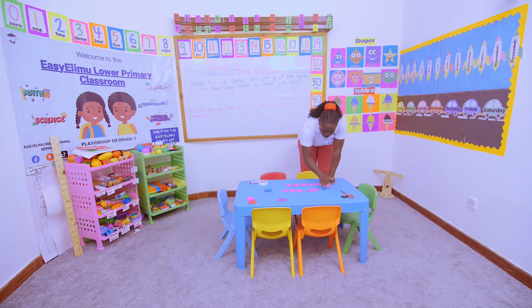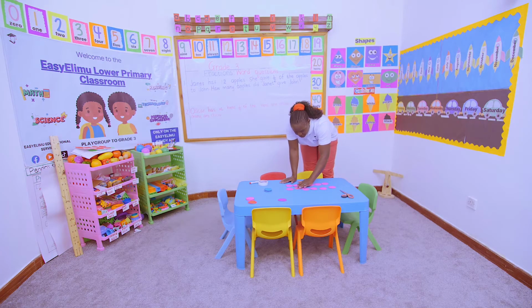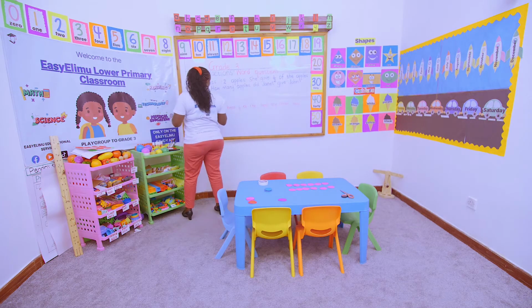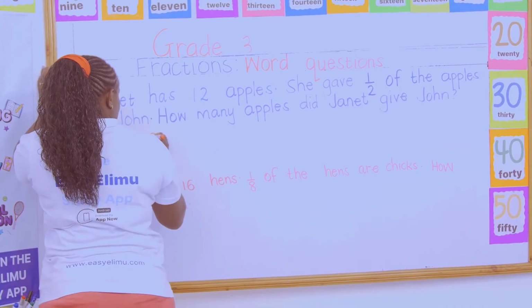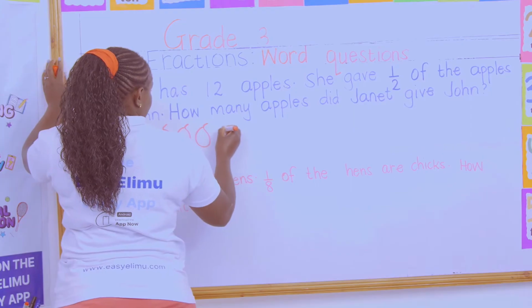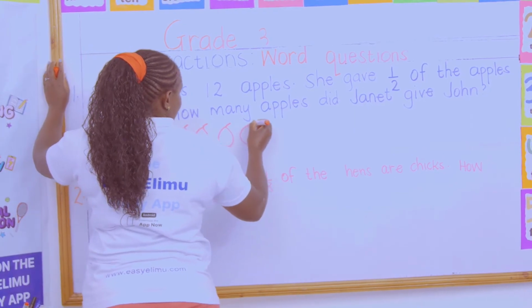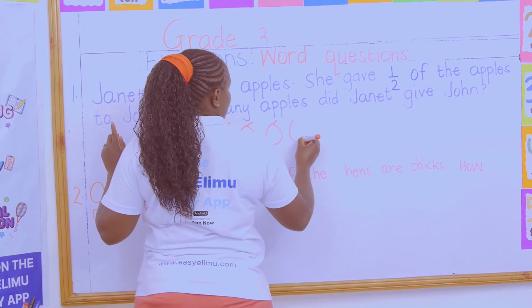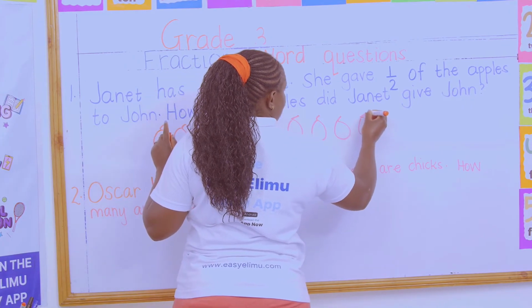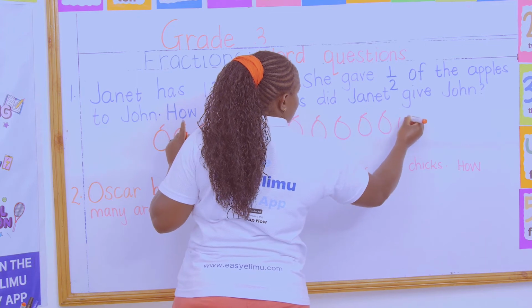Or how many did John get? Let's see. 1, 2, 3, 4, 5, 6. So how many did John get? We're being told that out of the 12 apples, these are the apples. 1, 2, 3, 4, 5, 6, 7, 8, 9, 10, 11, 12.